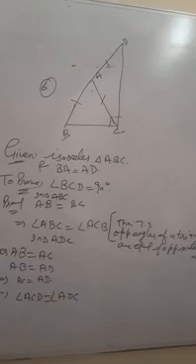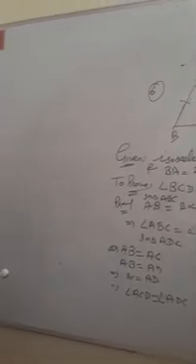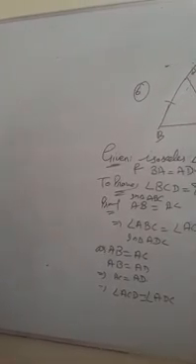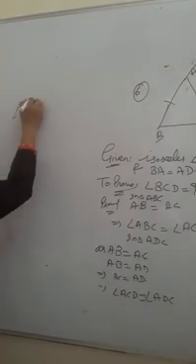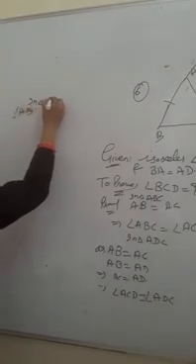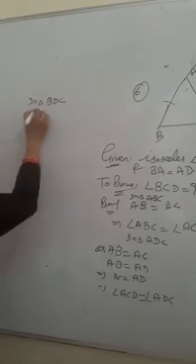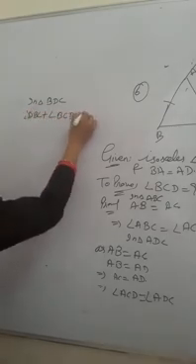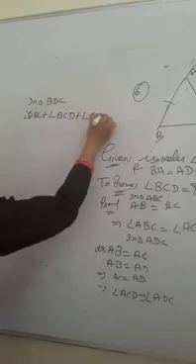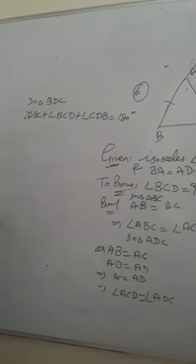Now here we will use the angle sum property. According to the angle sum property, the sum of all the angles of a triangle is 180 degrees. Here we write in triangle BDC, angle DBC plus angle BCD plus angle CDB is equal to 180 degrees.